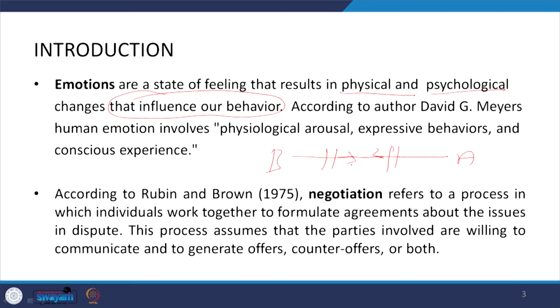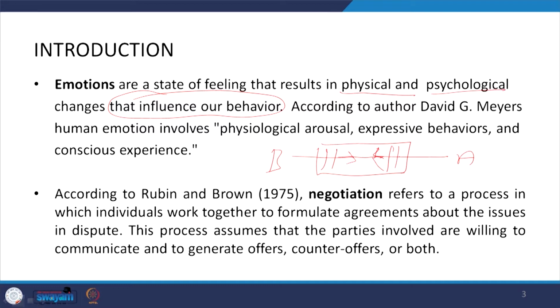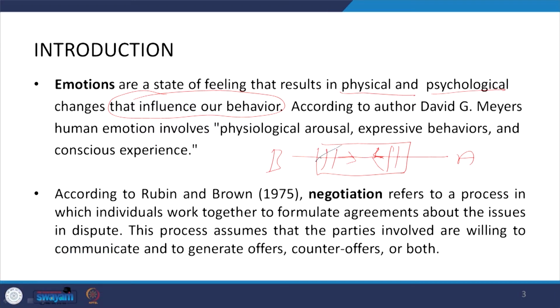It will be acceptable when B enters into the offer of A, or A is ready to enter into the offer zone of B. When this zone is there, we say that this is the bargaining zone, and it depends on how we get acceptance in this zone.